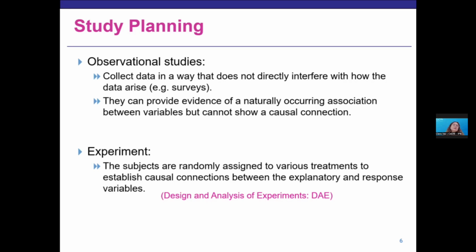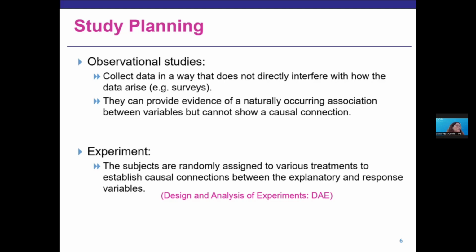In the case of an experiment, the decision maker will interfere in the way in which the data is collected, because the subjects or cases are randomly assigned to each group that could correspond to some levels of factors that are important to evaluate the effect.